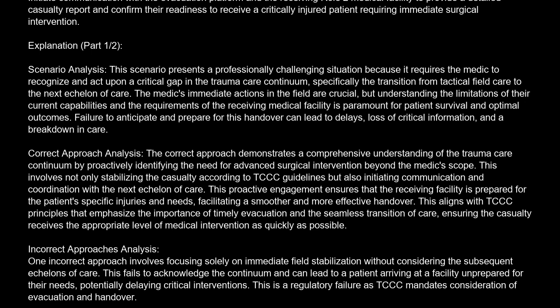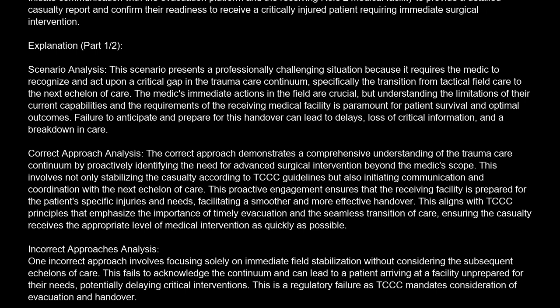This proactive engagement ensures that the receiving facility is prepared for the patient's specific injuries and needs, facilitating a smoother and more effective handover. This aligns with TCCC principles that emphasize the importance of timely evacuation and the seamless transition of care, ensuring the casualty receives the appropriate level of medical intervention as quickly as possible.